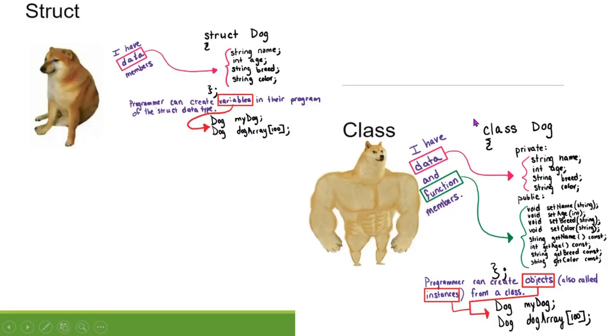Whenever you have a class declaration, you can then create objects, which are also called instances, from a class. So dog myDog, or dog dogArray. Notice that this looks identical as far as creating the variables, but myDog that is an object is a lot different from myDog that is a structure, because it's a lot more robust.